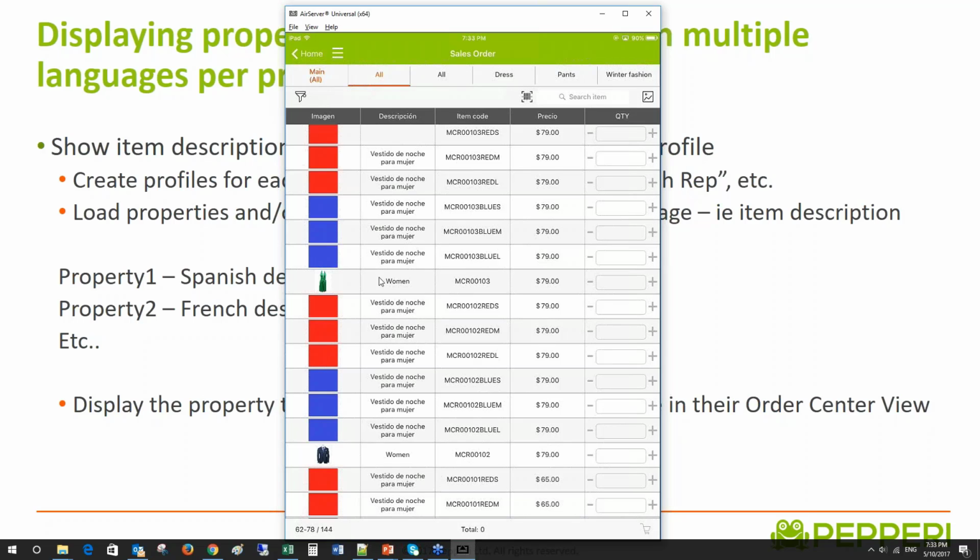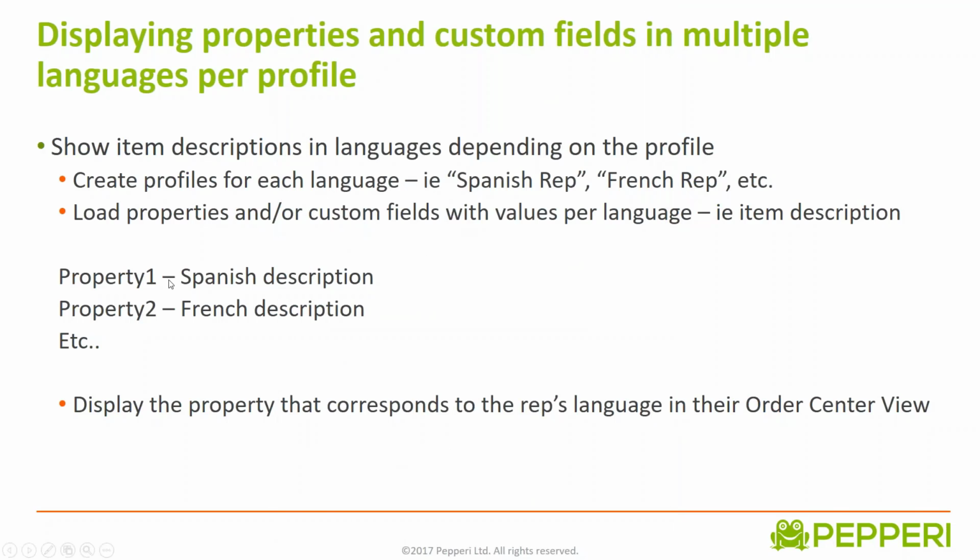So let me show you what exactly this means data-wise, and in the configuration. You know that in Pepperi you have user-defined properties. You have 8 user-defined properties you can map for each item.